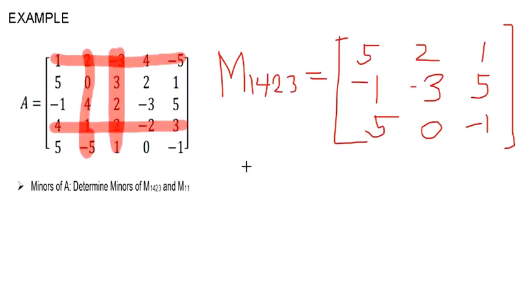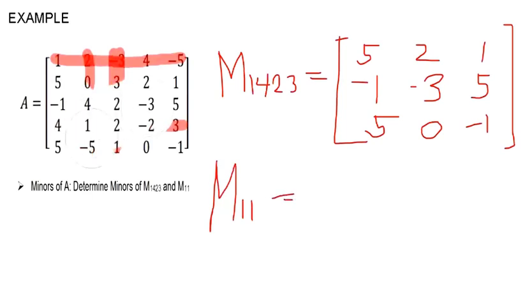So, paano naman yung M 1, 1? So, for M 1, 1, you have to delete the row 1 and delete natin yung column 1.